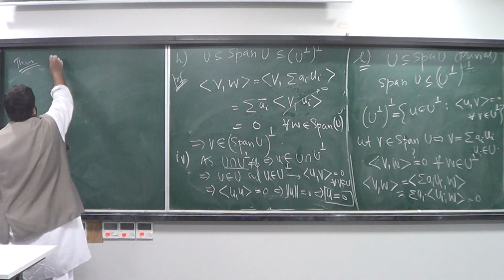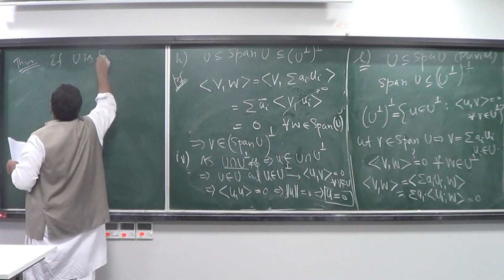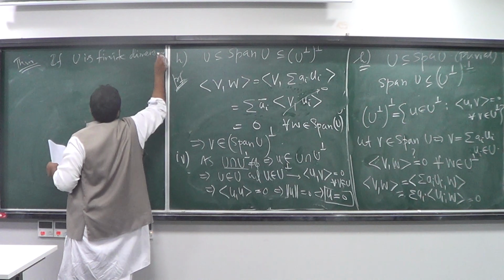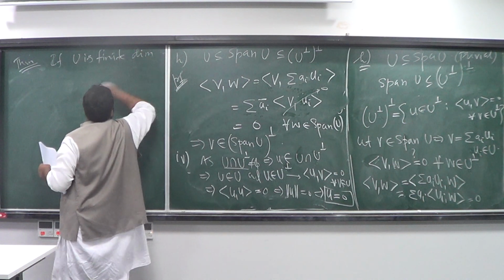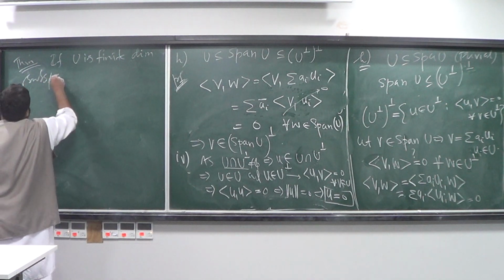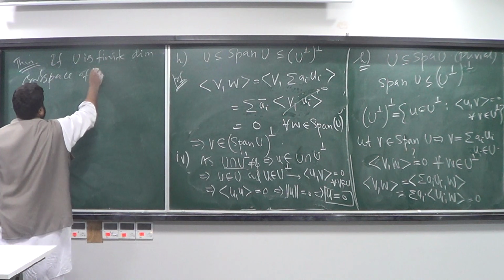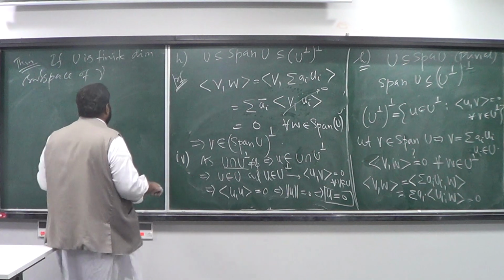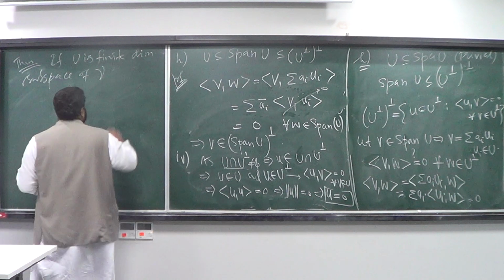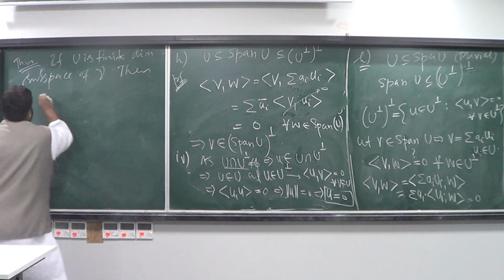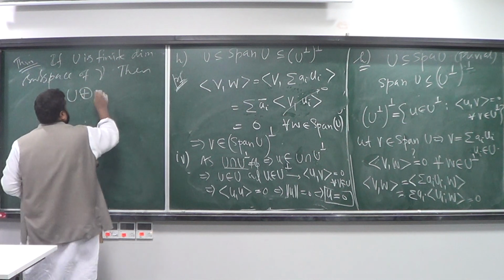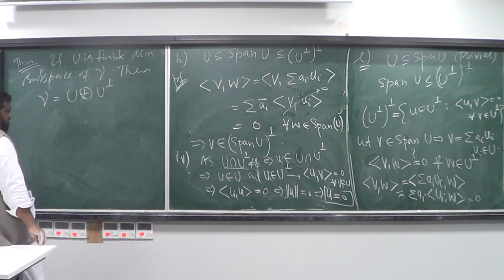So it says that if U is a finite dimensional subspace of an inner product space V, which may be finite dimensional or may be infinite dimensional, like, there's no restriction, then V can always be written as a direct sum of U and U perp. Okay, U perp. So you can always write it.